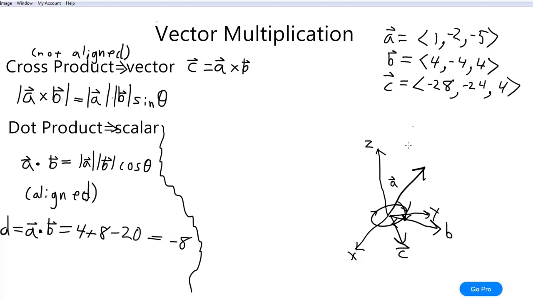So in the end, if we really just look at A and B, and pretend we have 2D vectors, we'll just have this in the end, A and B. Since we're going like this, C is going to point into the computer or into the board.